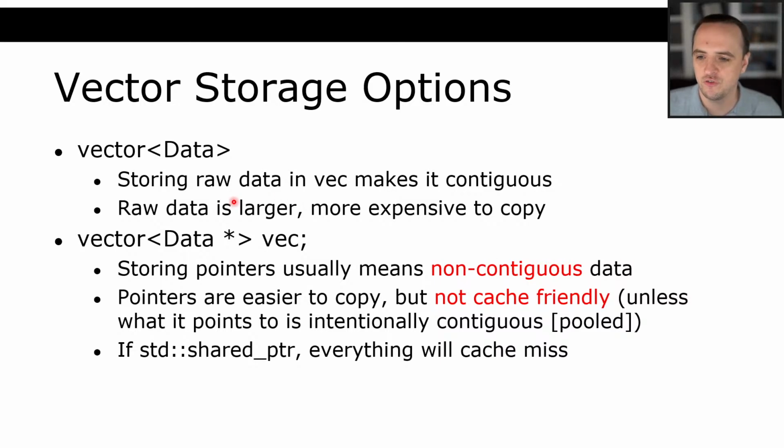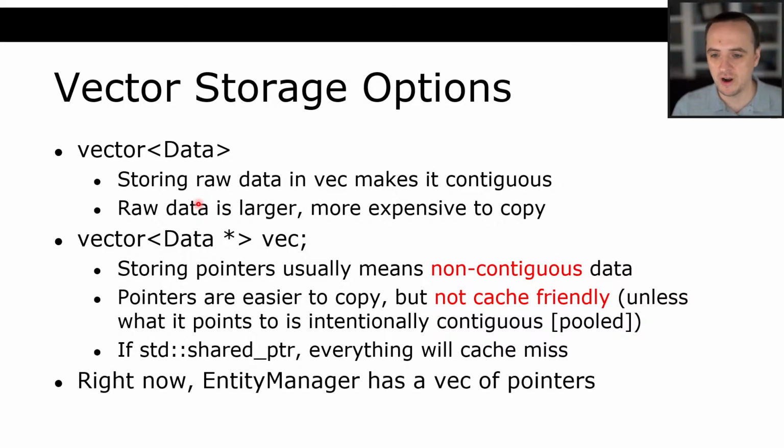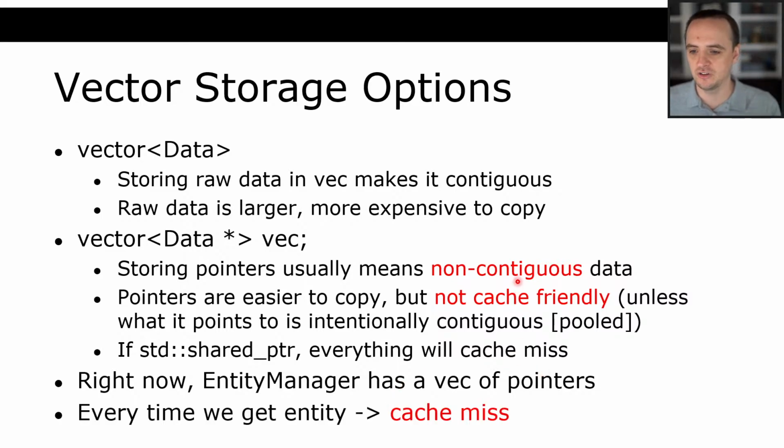So if we have shared pointers to our entities in a vector, every single time we look up an entity, we're going to get a cache miss. And that's currently happening in our system, right? Right now, Entity Manager has a vector of, actually, shared pointers. So every single time we get an entity, we get a cache miss, which now that you know is really, really slow. So let's see what we could do about that.